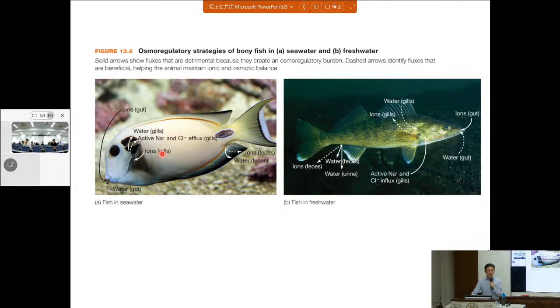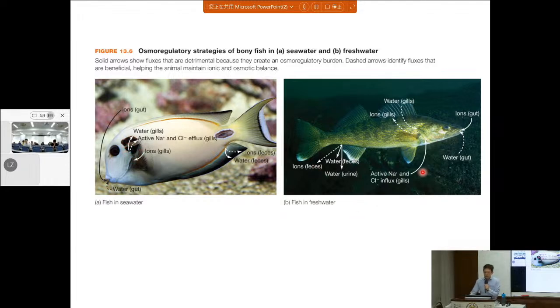But at the same time, because seawater contains too much salt, they need to excrete the ions actively. So they will produce highly concentrated urine, and they will actively excrete the ions from the gill.